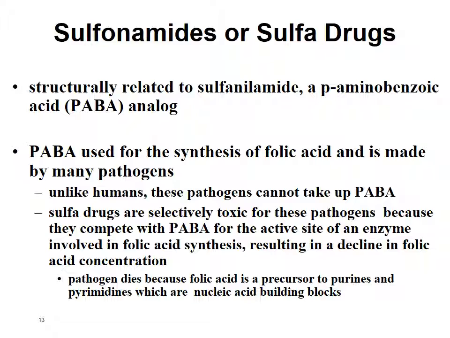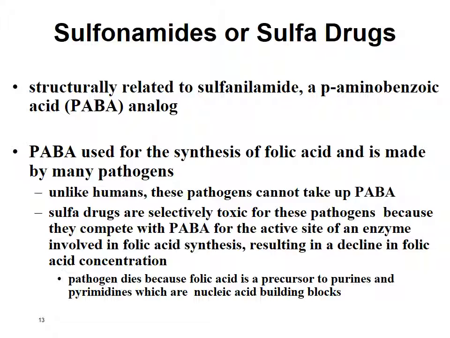Now, PABA is used in the synthesis of the cofactor called folic acid. And when sulfanilamide or another sulfonamide enters a bacterial cell, it competes with PABA for the active site of an enzyme which is crucial in the synthesis of folic acid.